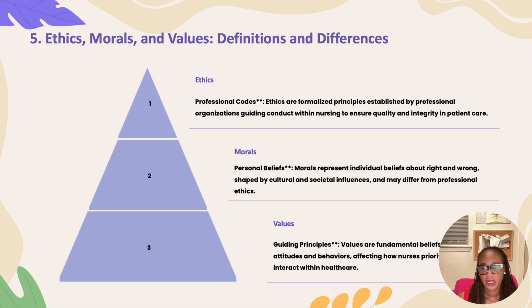The International Council of Nurses is a global federation of national nursing associations committed to ethical and quality nursing care worldwide. A key contribution is that they published the ICN Code of Ethics for Nurses.